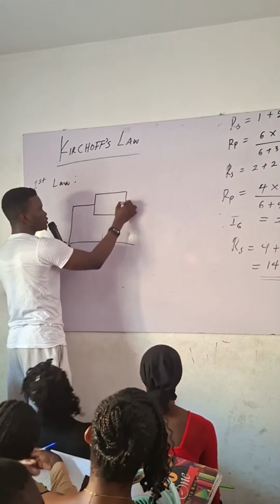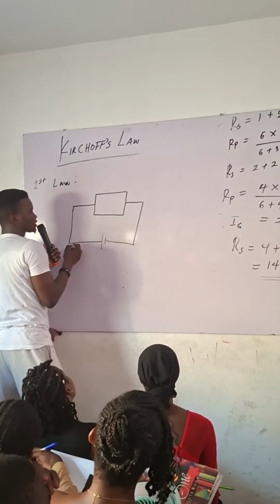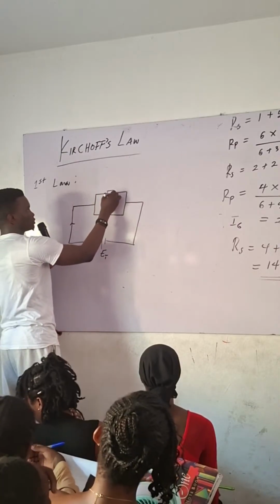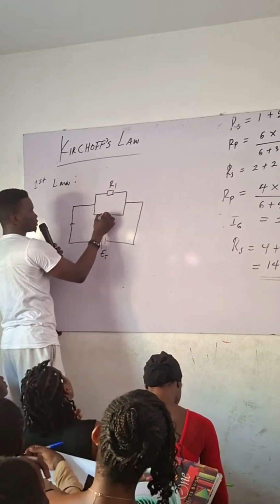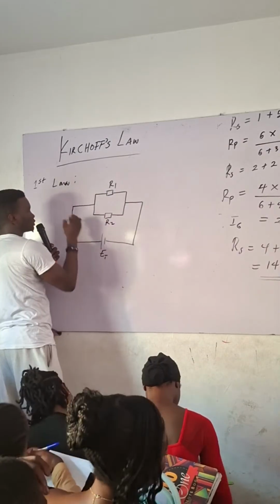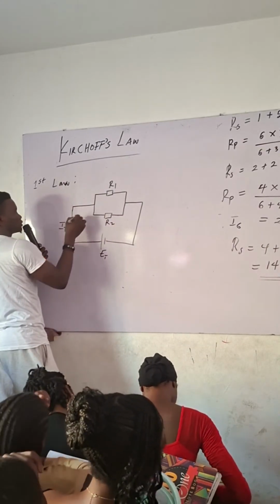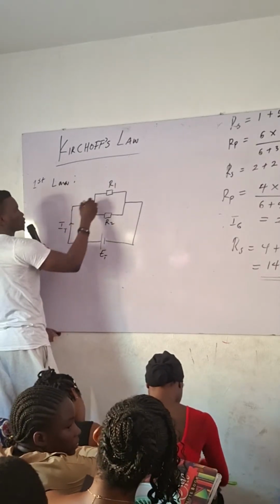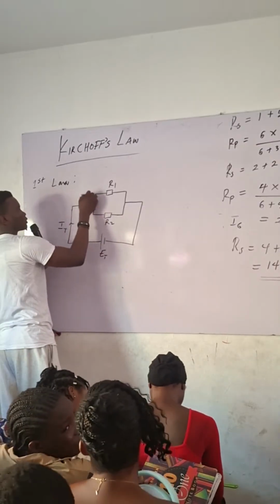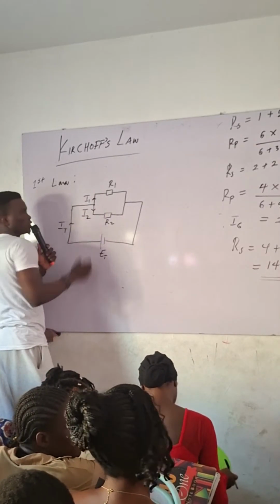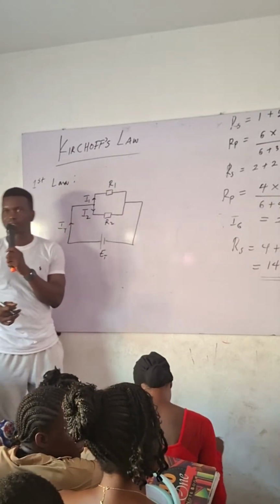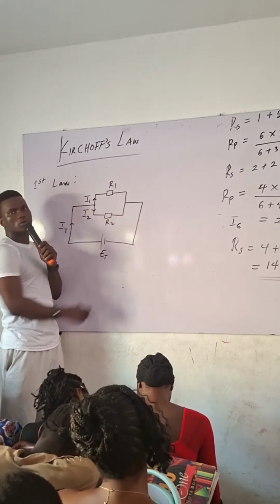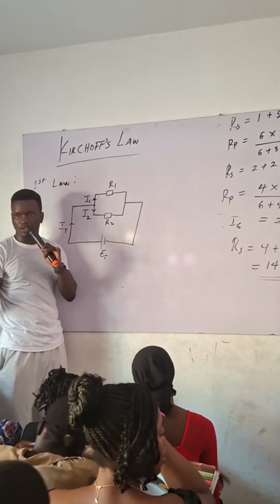It's something we have been doing since, so it's something you know. So Kirchhoff's law made us to know that the total current that enters the junction will be equal to the total current leaving the junction.